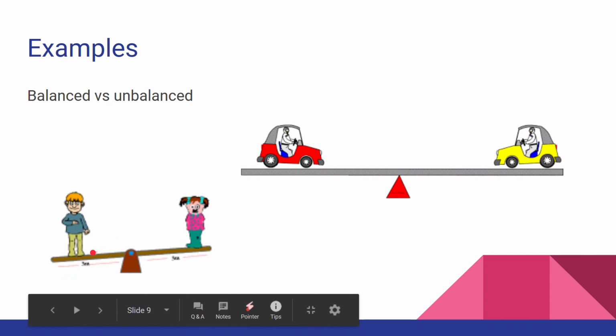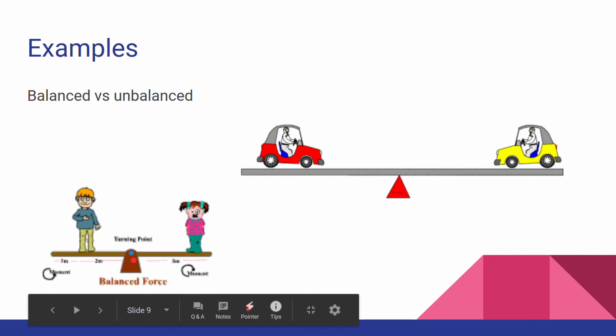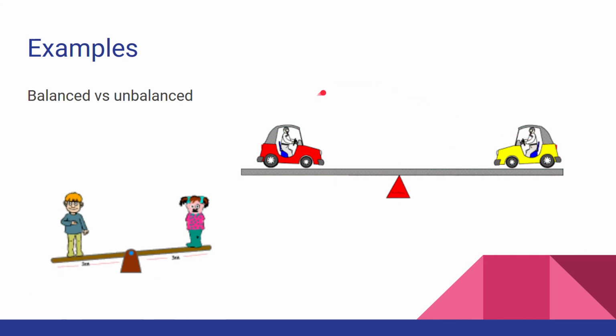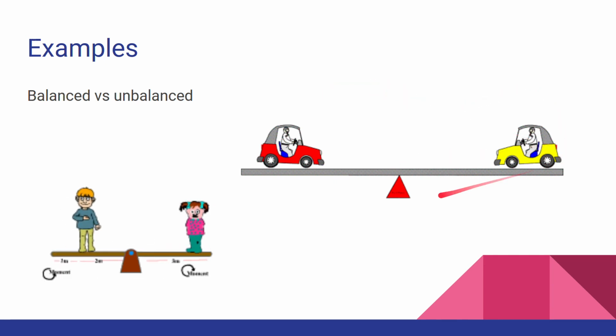So remember, you need less force as the distance from the turning point increases. If you're here, then you're going to need a really big force to push this up. But if the car is here and you are further away, you need a lesser force to balance the forces.